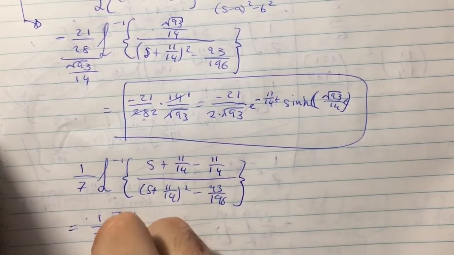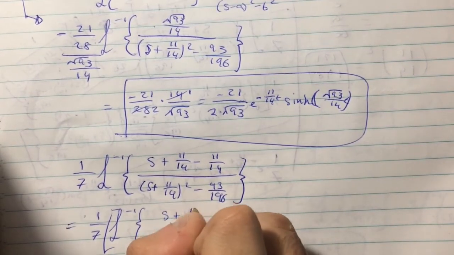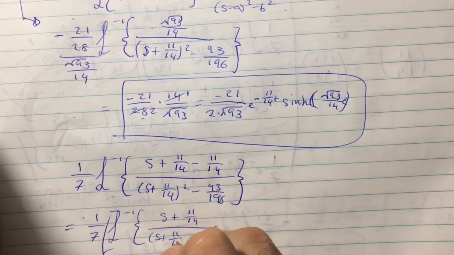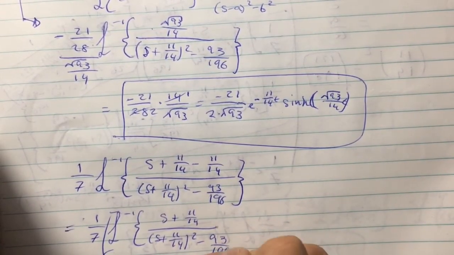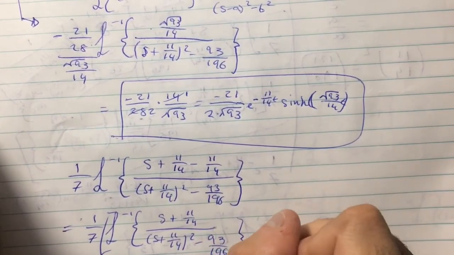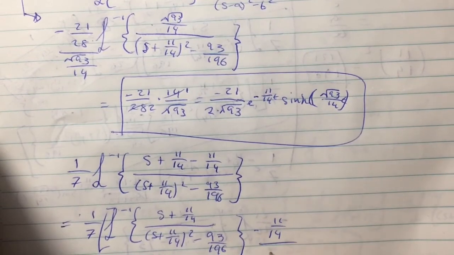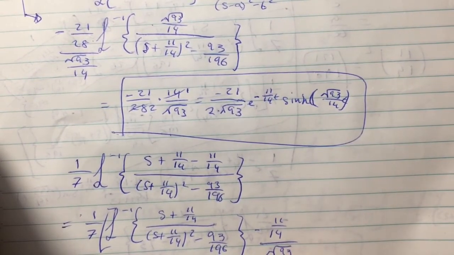Now I can split the fraction, and that's going to be s plus 11 over 14 over s plus 11 over 14, and then that's minus 11 over 14, but I'm about to multiply top and bottom by square root of 93 over 14.